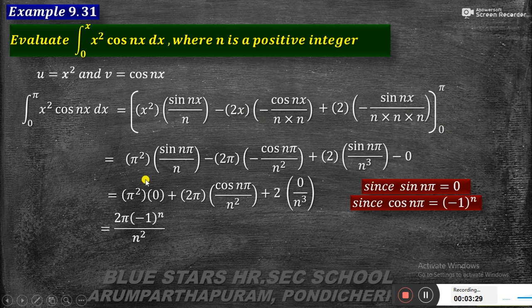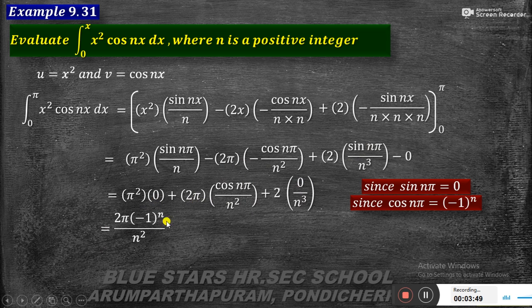In the next step, sin n pi is 0, and cos n pi is minus 1 whole power n. So minus into minus gives plus 2 pi cos n pi by n square. Next, sin n pi is 0, so 2 into 0 by n cube is 0. The first and last terms are 0.